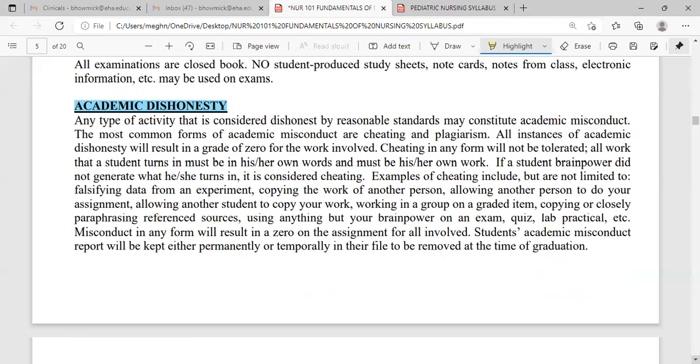So all types of activity that are considered dishonest by reasonable standards may constitute academic misconduct. The most common forms of academic dishonesty are any kind of cheating, any copy and paste, any kind of plagiarism.